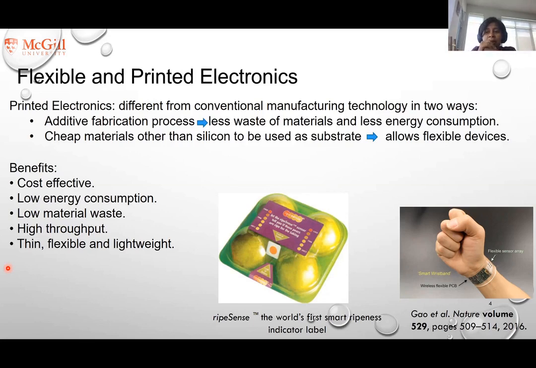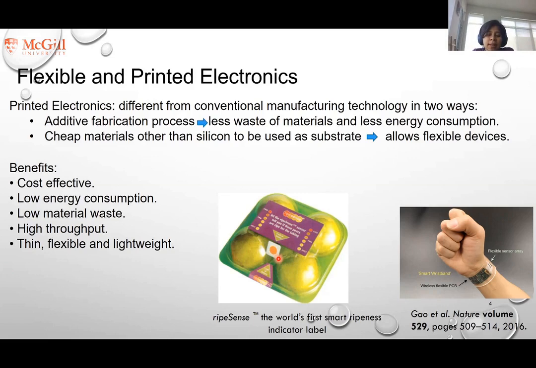So we can produce thousands of devices in a very short period of time. And finally, with flexible and printed electronics, we can get very lightweight, thin and flexible devices.